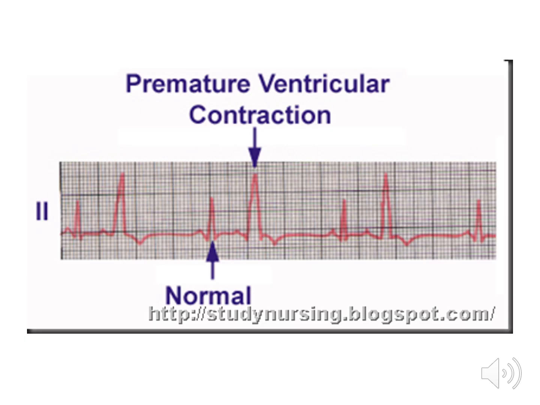And you can tell that this PVC happened early because if you look at the two normal contractions, the PVC is not exactly in between those, right? If it were a normal contraction, it should be exactly in between the two normal ones. And this one obviously came early.